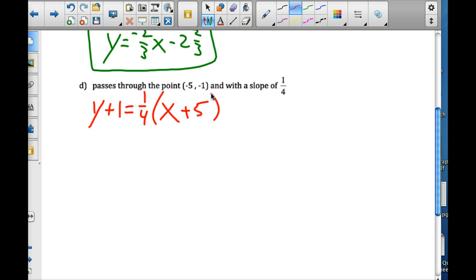Great job. How many people have got that? Because it's y minus -1 equals 1/4 times x minus -5. Too many negatives, guys. You know, minusing a negative number is the same thing as adding the positive value of that. All right. Try to solve it for y now.